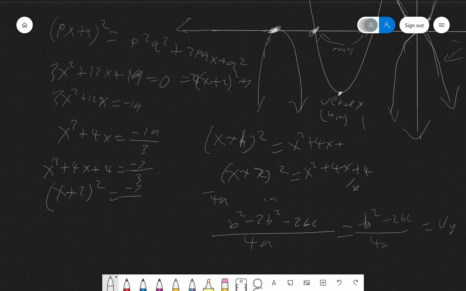Equals negative 7 over 3. Now we square root, and we get, am I doing something wrong? Okay, so x plus 2 is equal to the square root of negative 7 over 3. Subtract 2 on both sides, and we get this as our answer.